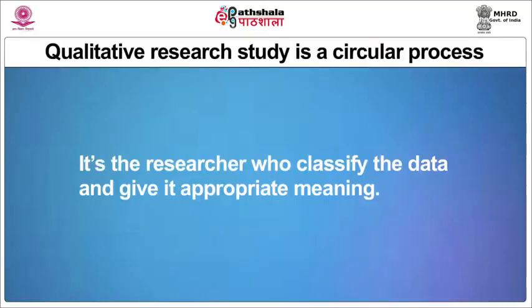The data merely give a basis for analysis, they don't dictate it, as explained by Burgess in 1982. So, it's the researcher who classifies the data and gives it the appropriate meaning.